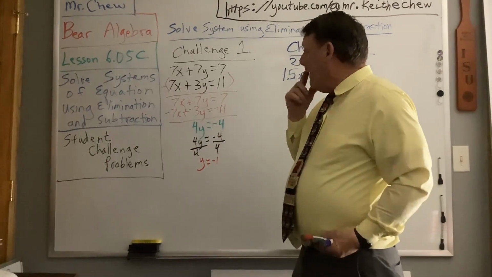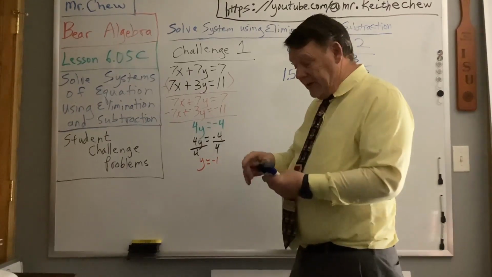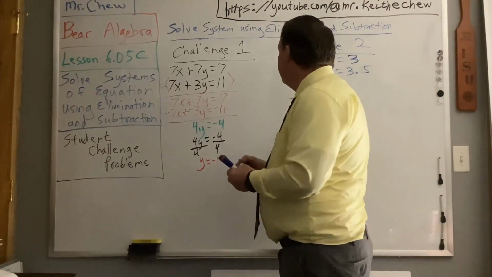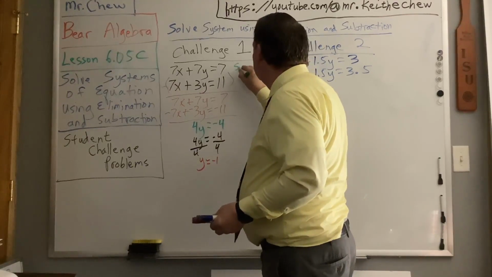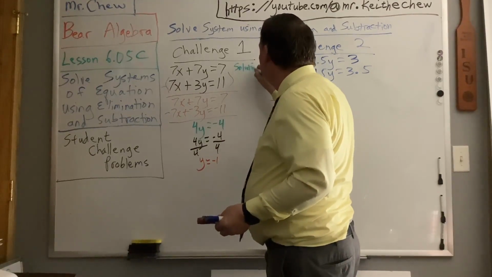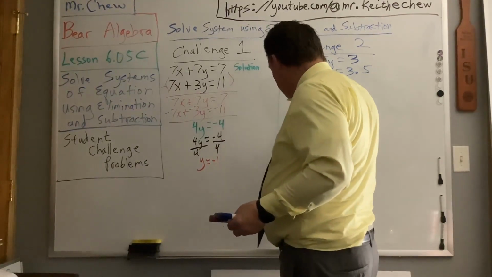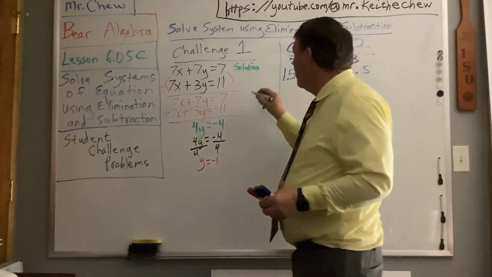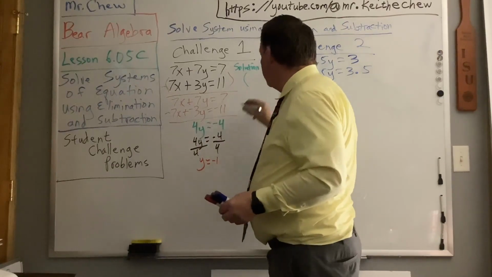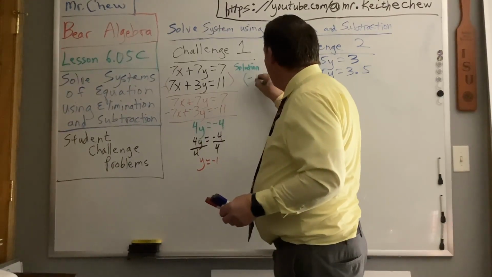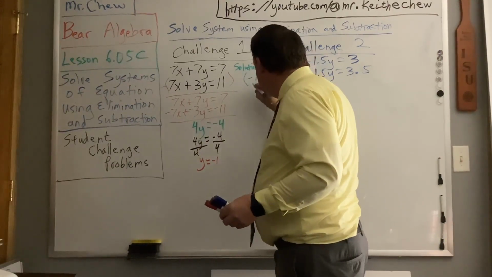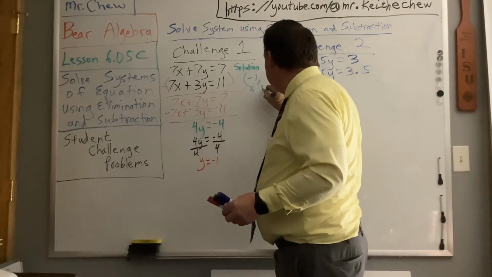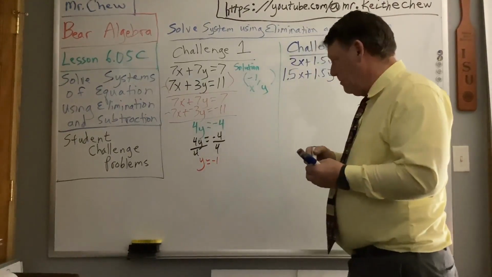All right. So right now I'll say, I believe that the solution, I'm going to put a line here so that everything over here is for challenge 1, challenge 2 is over here. I believe the solution is going to be negative 1 something, and this negative 1 is going to be my x, and then we'll find our y here.